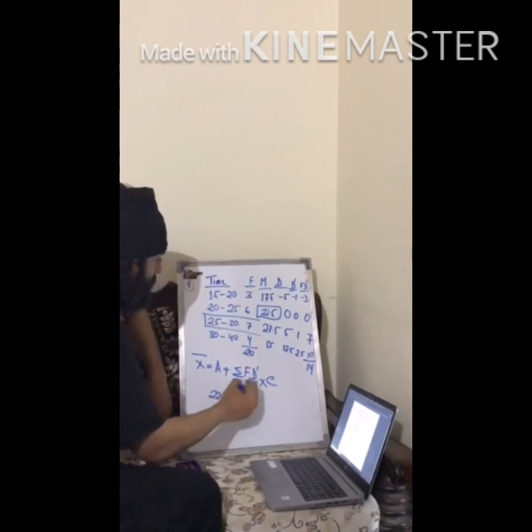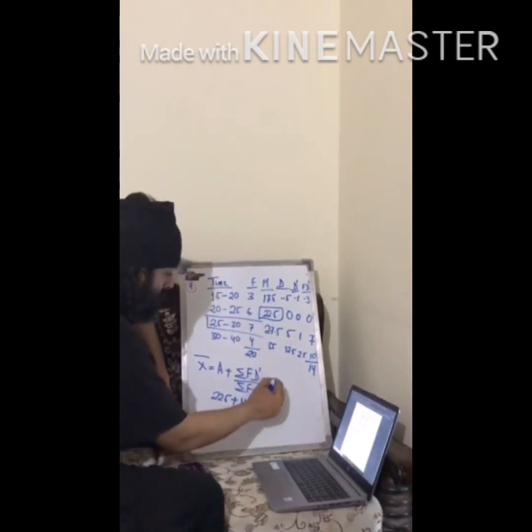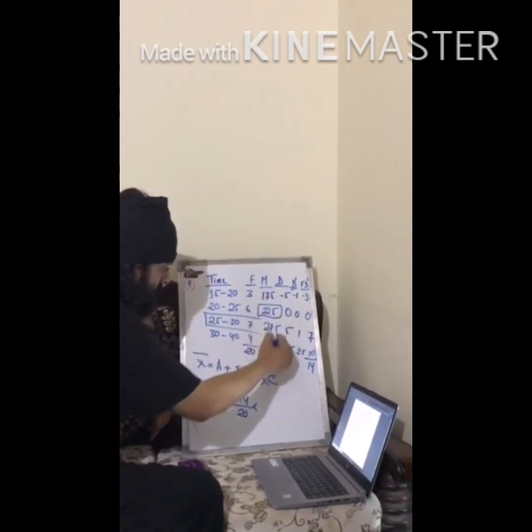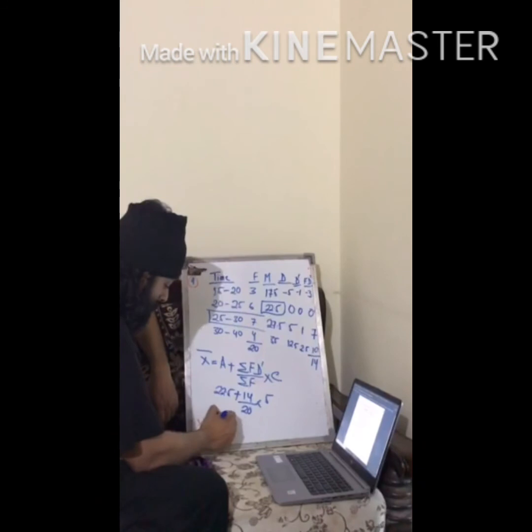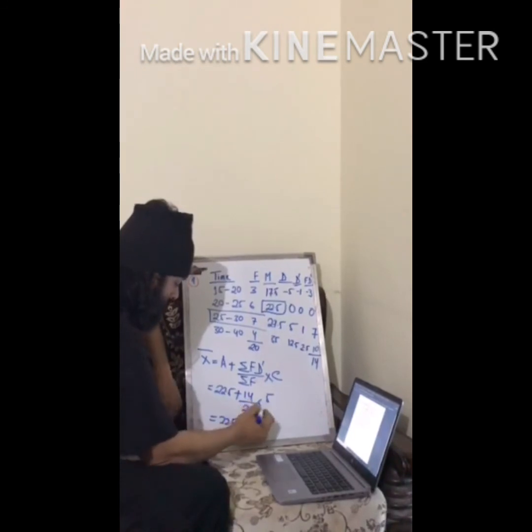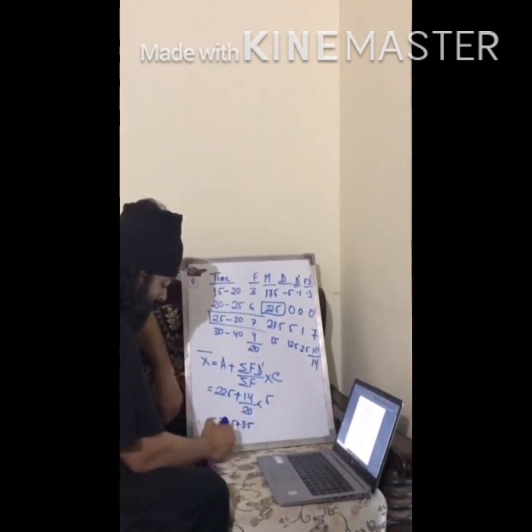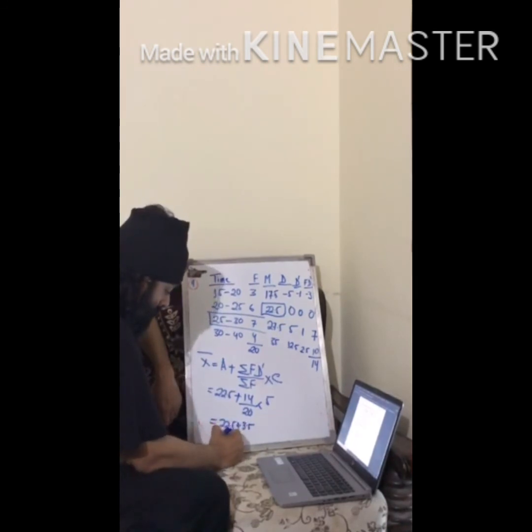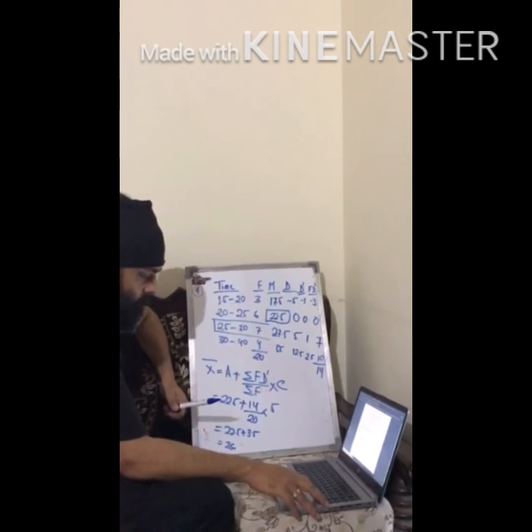Summation of f is 20, multiplied by C, which remains 5. We divided each of these numbers by 5. That is 22.5 plus 3.5, which is equal to 26. Thank you. That's it.